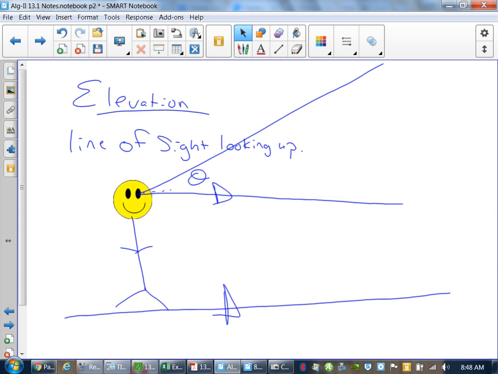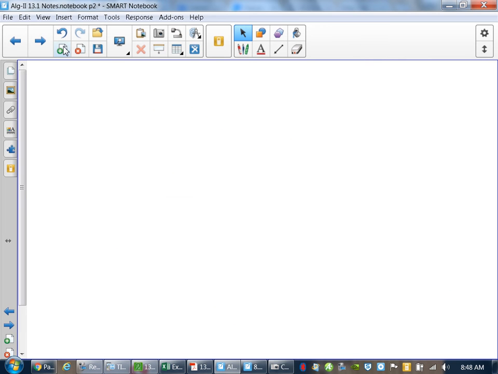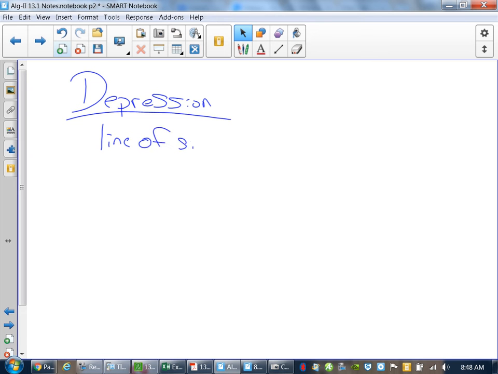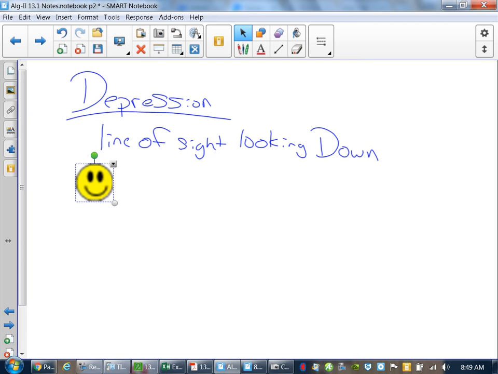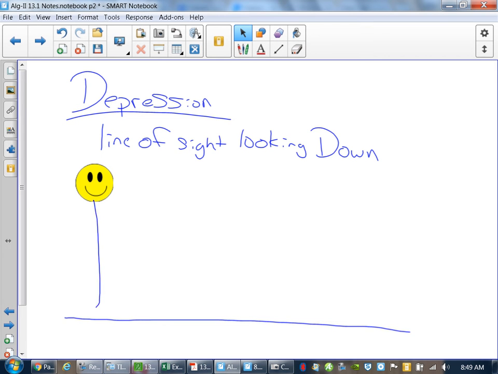Now, angle of depression is the opposite. That's line of sight looking down. Go back to my happy person, not drawn to scale.